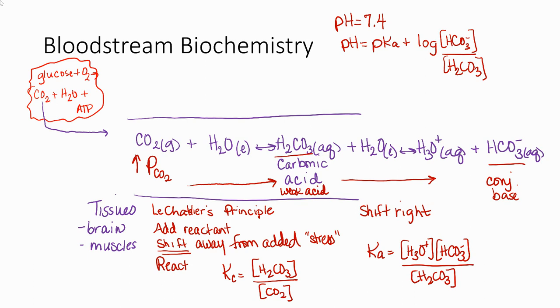The Ka for the first reaction is 4.3 times 10 to the negative 7. And if I take the pKa, the negative log of 4.3 times 10 to the negative 7, it's 6.36.